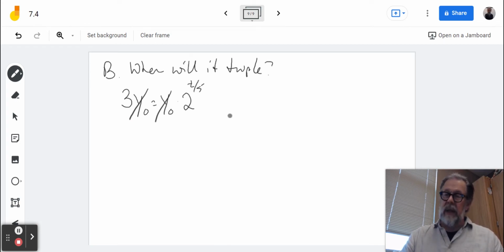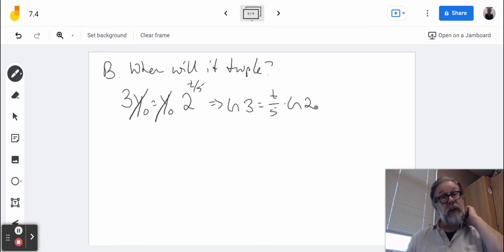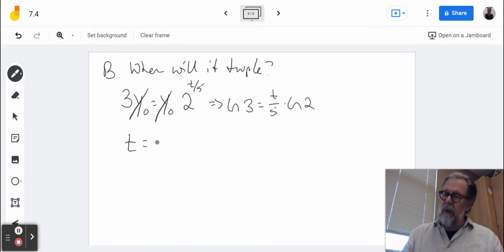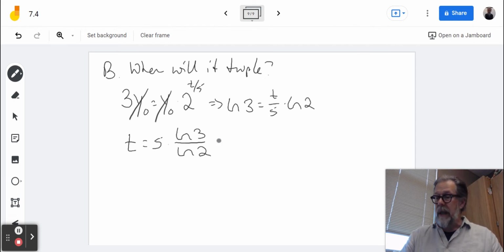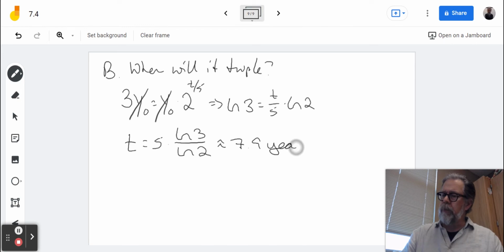And we're going to take the natural log of both sides. So natural log of 3 equals t over 5 times the natural log of 2. Hopefully at this point you're okay with the log rules that allow me to do that. We'll divide by natural log of 2, multiply by 5, and we discover that our population will triple in this many years, which is about 7.9 years.